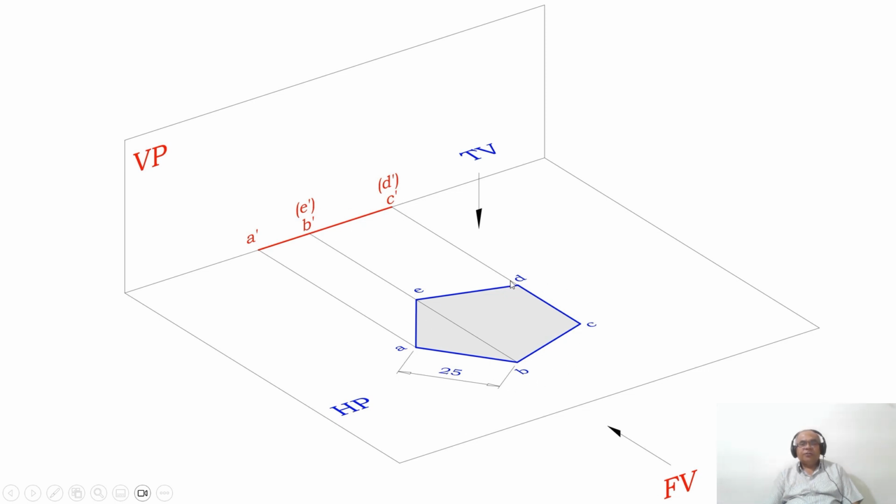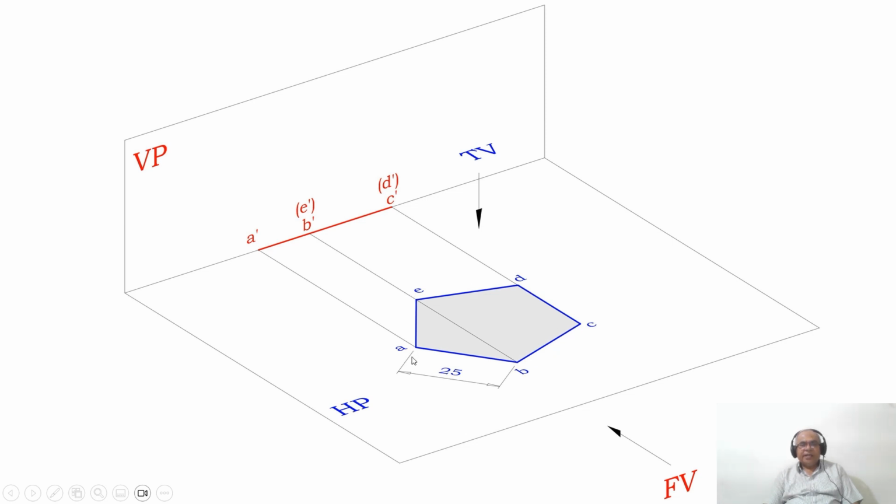Since it is parallel to HP, in HP we will get the true shape. That means AB equals BC equals CD equals DE equals EA, which is equal to 25 mm. AB is inclined to VP but parallel to HP, therefore you get the true length here. Similarly, BC is inclined to VP and parallel to HP, therefore you get the true length here.